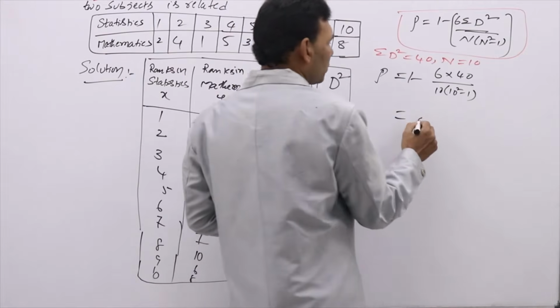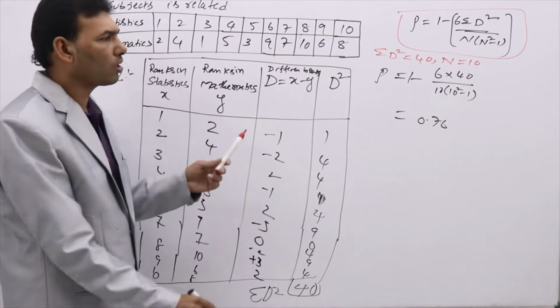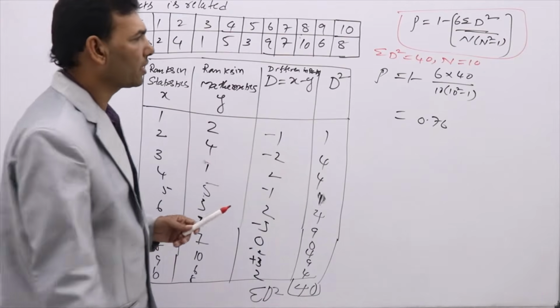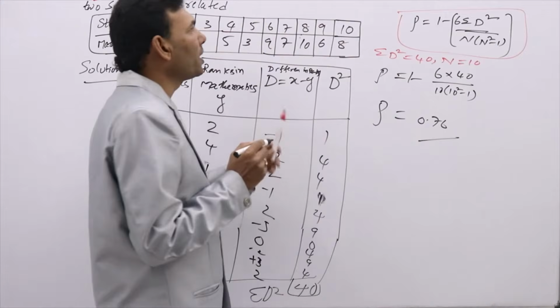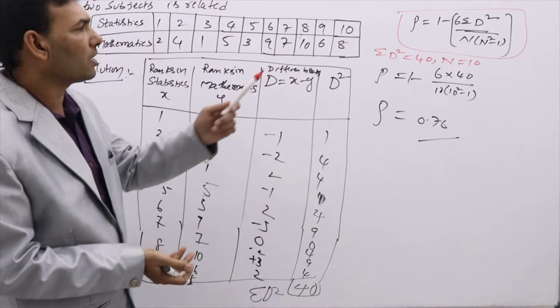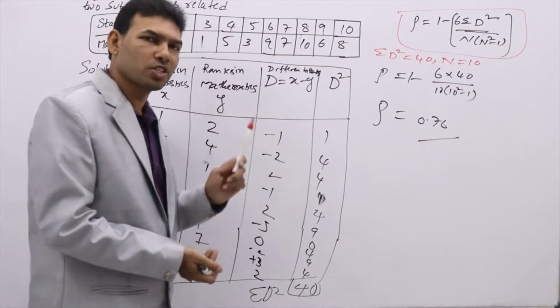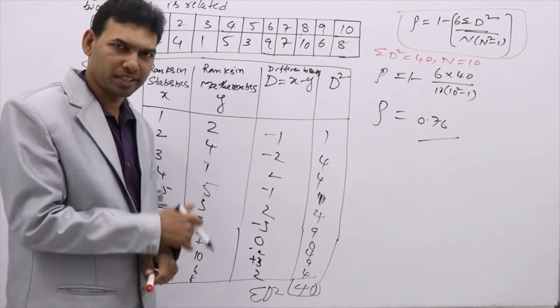You will get 0.24. 1 minus 0.24 gives 0.76, the rank correlation coefficient between the two subjects. Because it is positive, the knowledge is positively related to ranks. Ranks and knowledge are in the same direction.